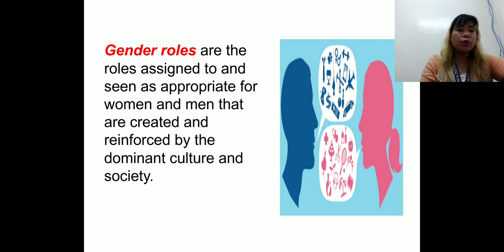They should be the ones working or earning the money. They should be the ones getting the high paying jobs. While women are perceived to wear pink colors, they should be working at home, doing the household chores, and taking care of their children. They should look beautiful and sexy. So that's how gender roles work.